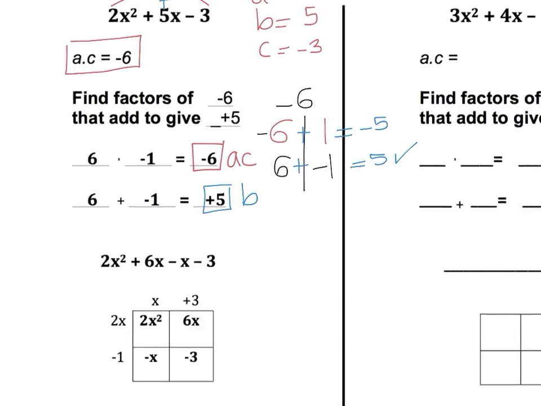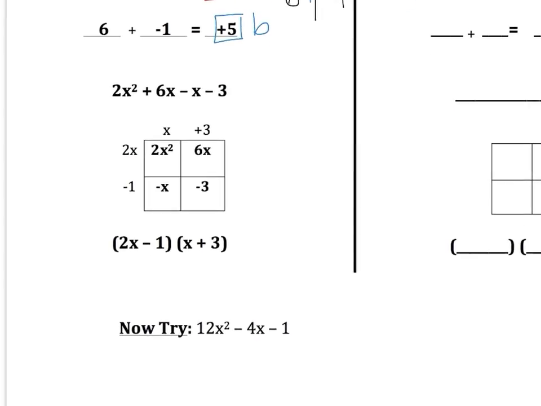Now, what I need to do is draw a box and arrange those four terms in the box. It doesn't really matter how you arrange them. If you put 2x squared over here or here or here, it will still give you the correct answer. But to be organized in my work, and this is how I will do it in this video, I will put the 2x to the power 2 over here.